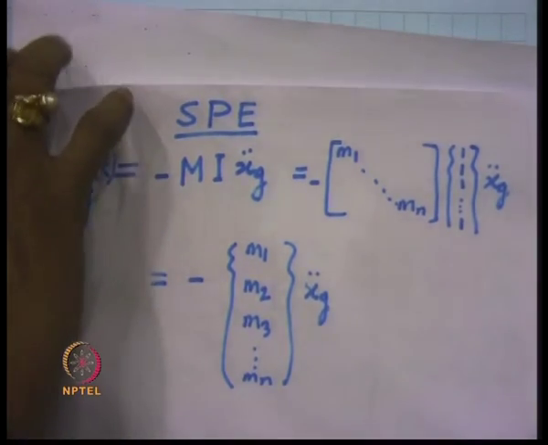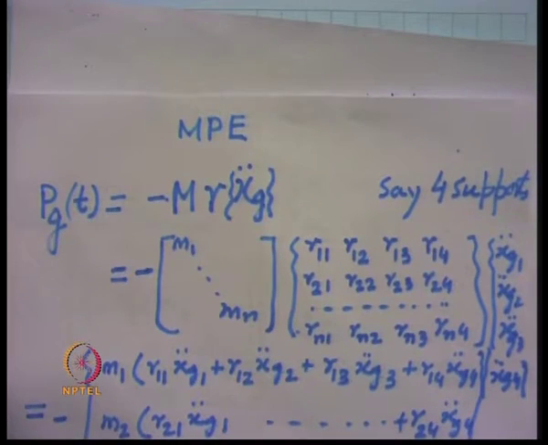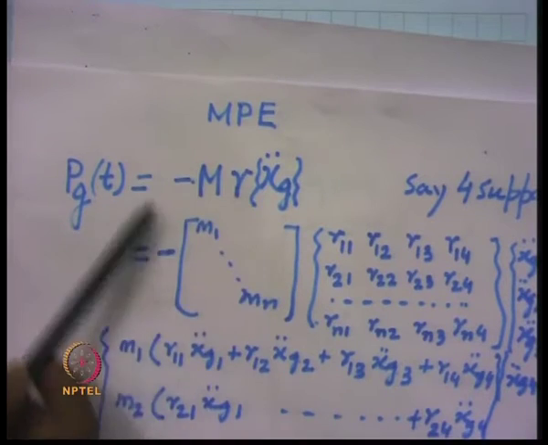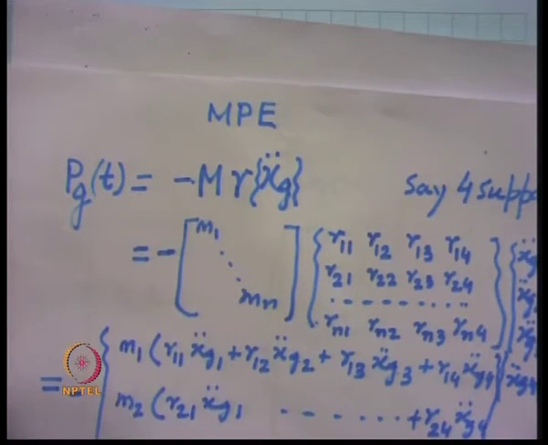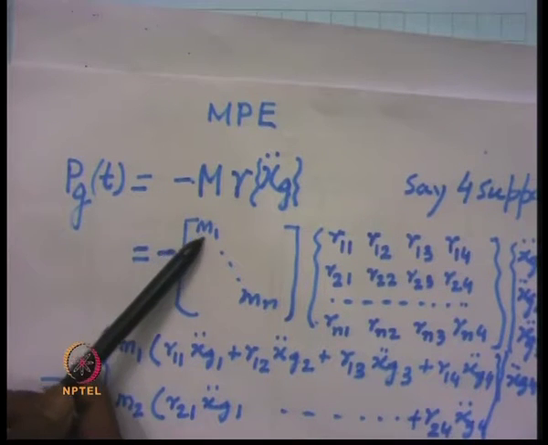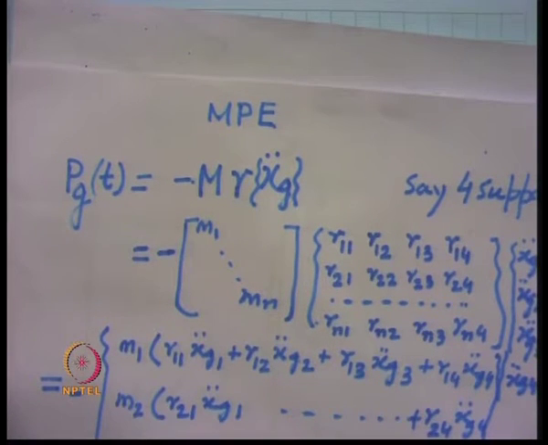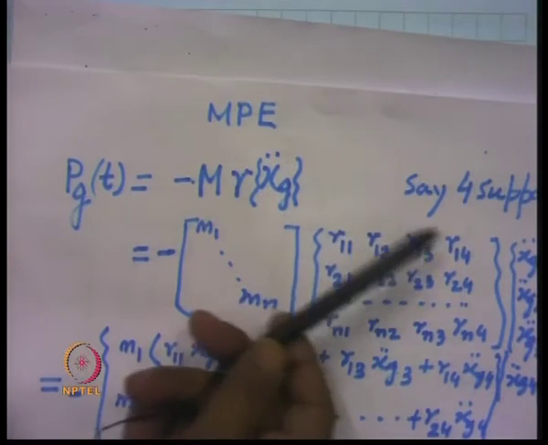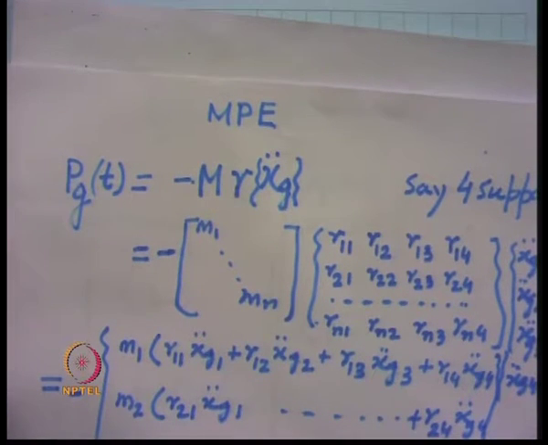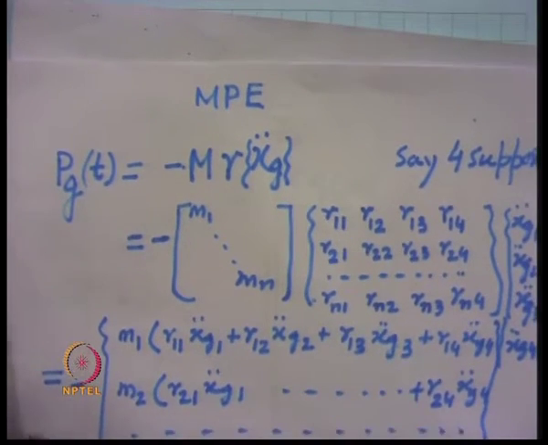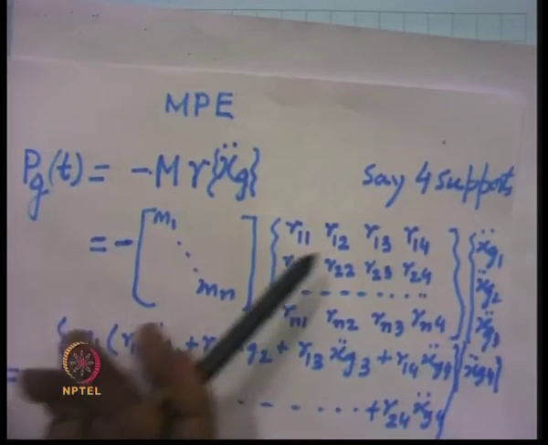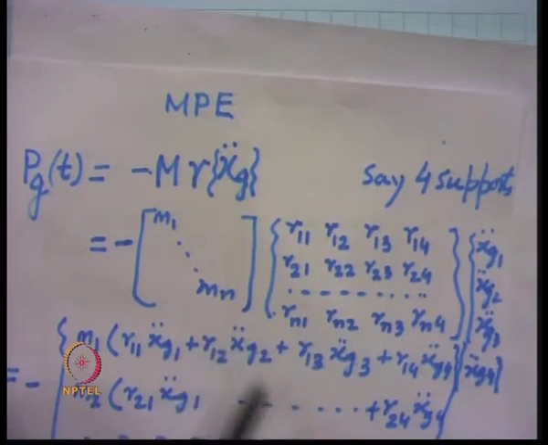If we consider the multi-support excitation, then this is the form of the equation, that is minus M into R into x double dot G. This is the mass matrix, a diagonal mass matrix. The R matrix, say we are considering 4 support excitation, then it will be an N by 4 matrix.